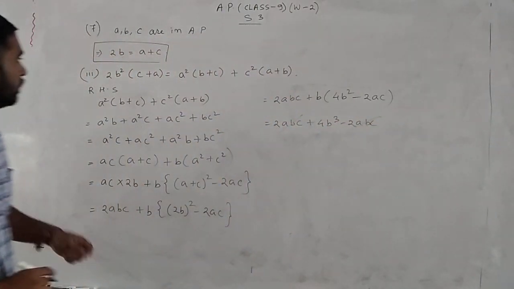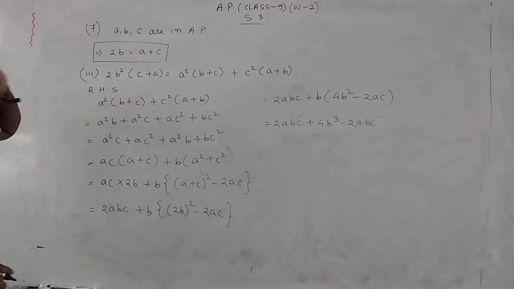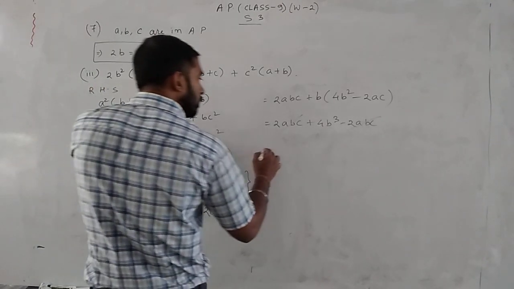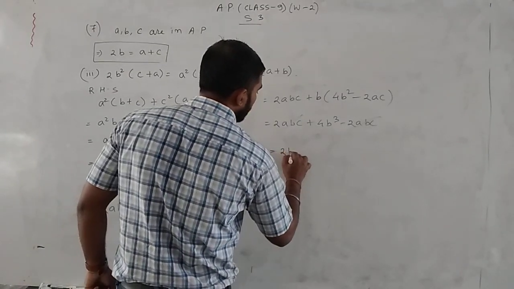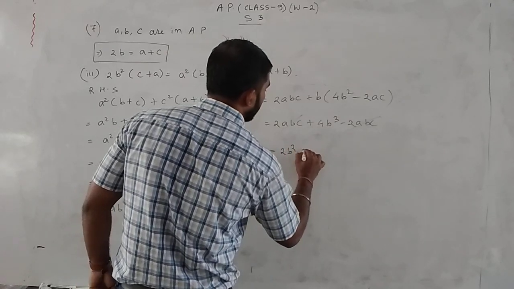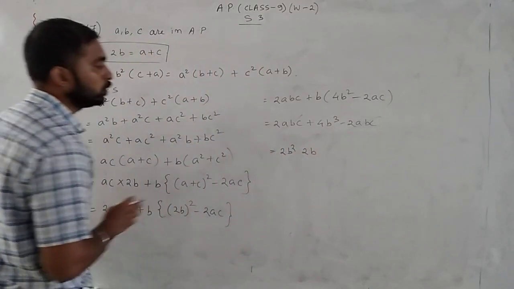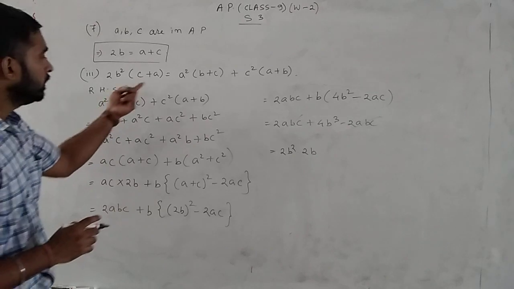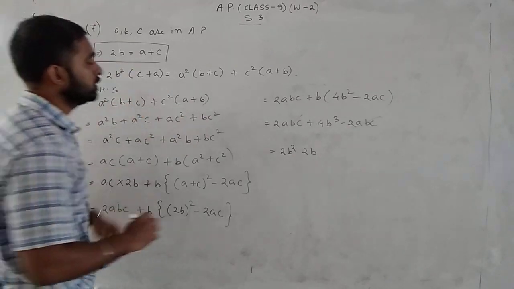Cancel. Now rearrange them. 4b square into c plus a. Now out of 4b cube, if you add 4b twice b square, then the remaining will be twice b. Then what is twice b? Twice b equal to c plus a.